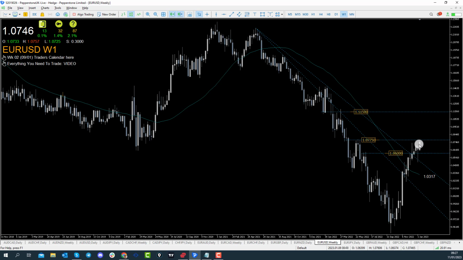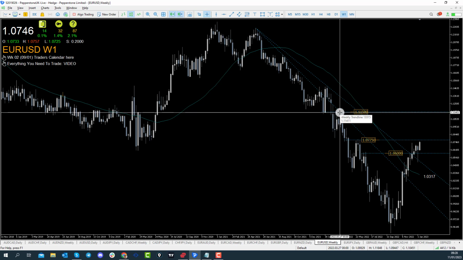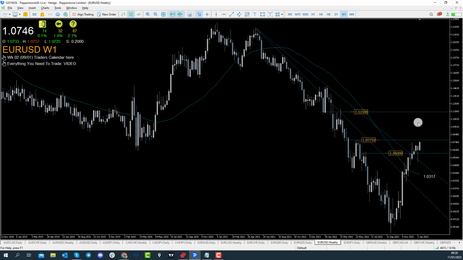Really? No. I would rather be waiting to see if price will break through it first and close above it, and then that can give us the opportunity to trade to the next level of resistance. In this case would be the 1.1150, which were the highs back in March 2022.